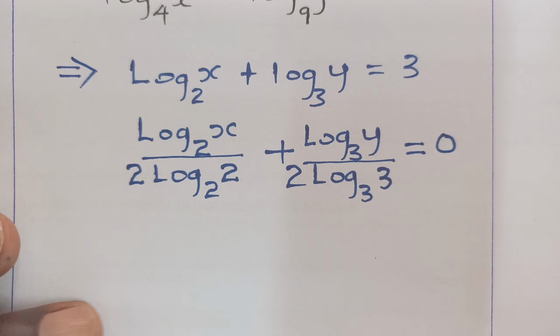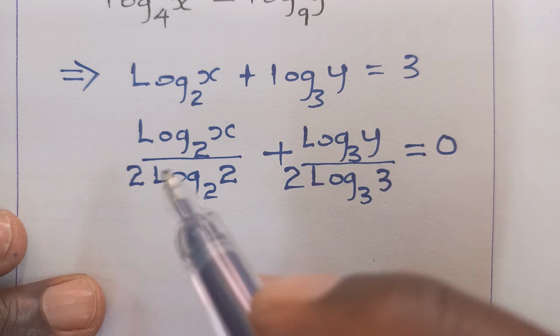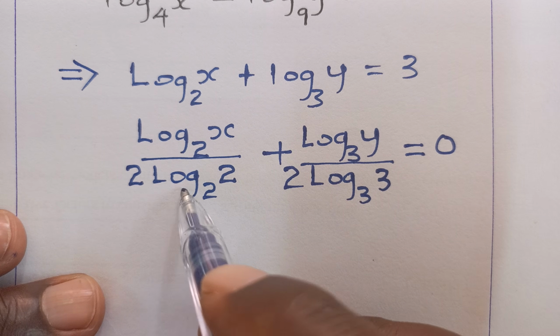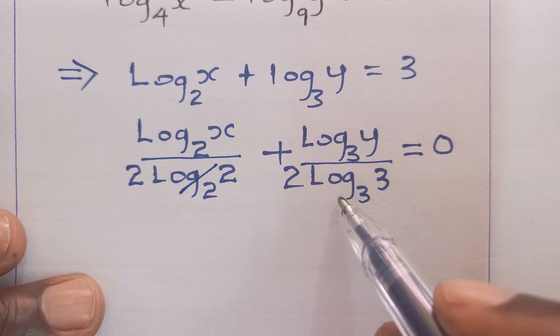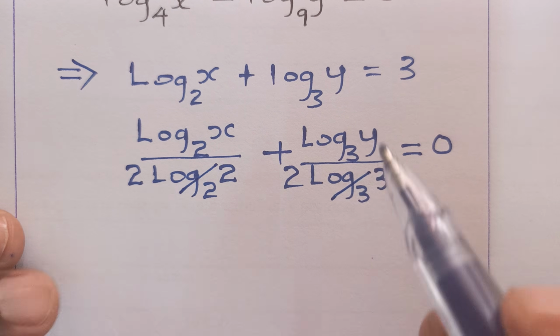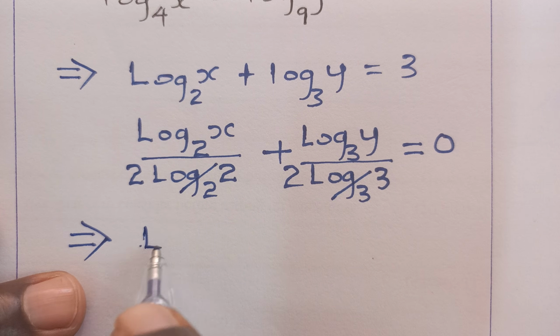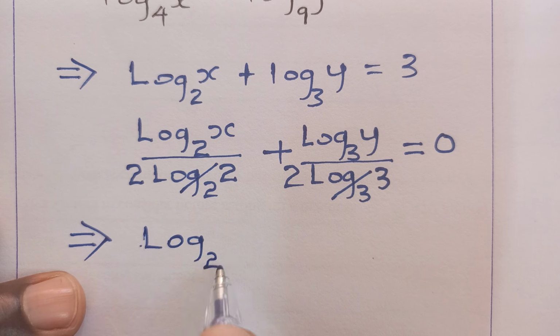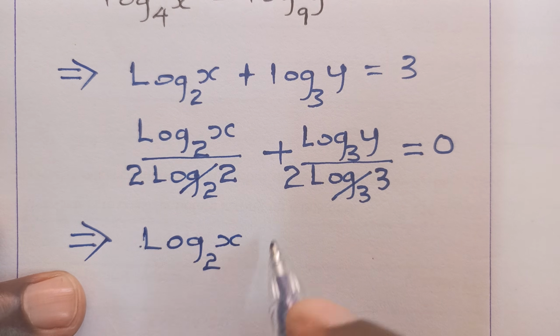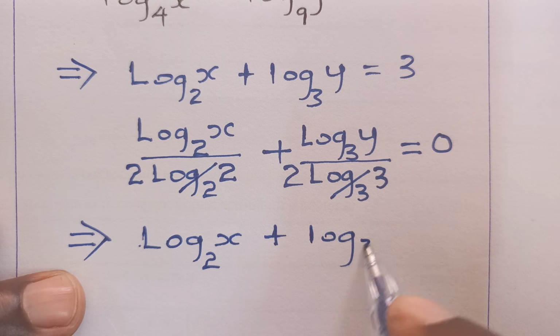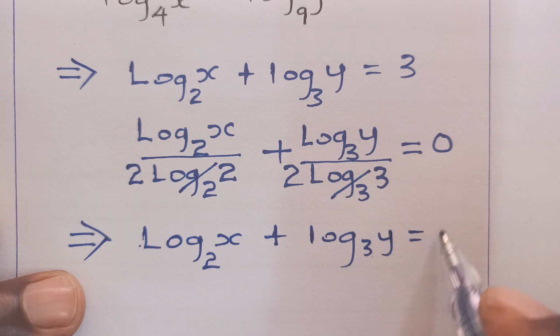With that, we can reduce this one and say that log to base 2 of 2 becomes 1, and log to base 3 of 3 becomes 1. And so our equation is going to be log to base 2 of x, the first one, plus log to base 3 of y equals 3.